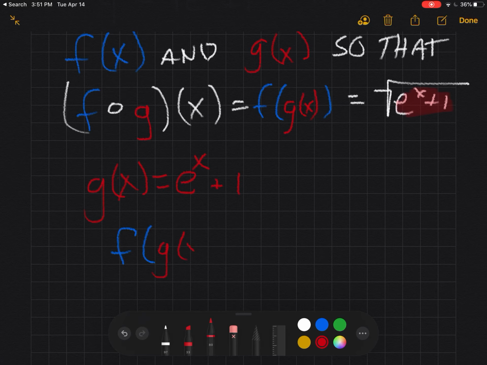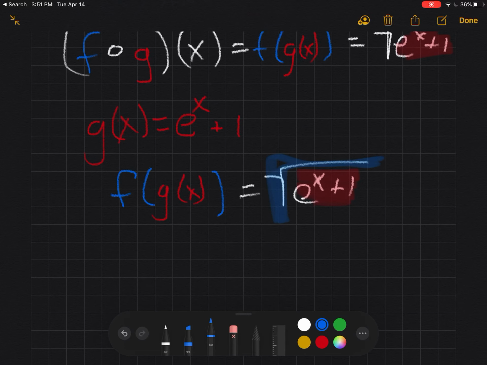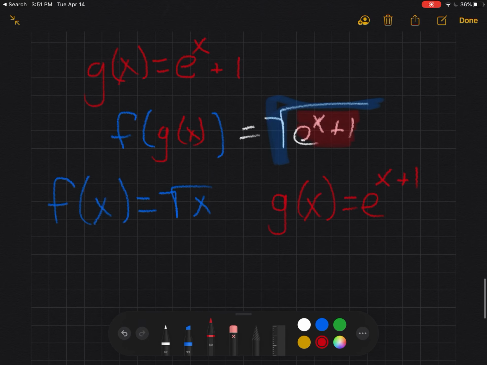If g of x equals e to the x plus 1, and I want f of g of x to be equal to this square root of e to the x plus 1. This is my g of x, so I want to make this part, the square root part, my f of x.